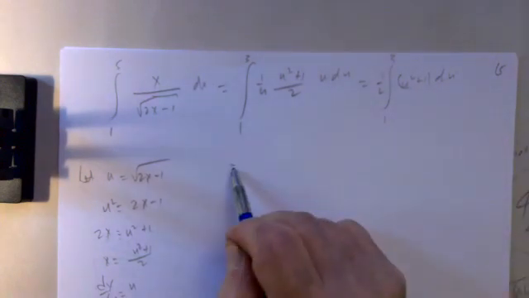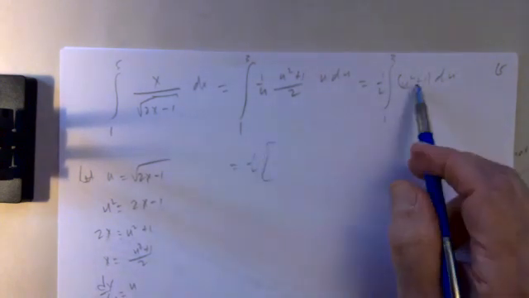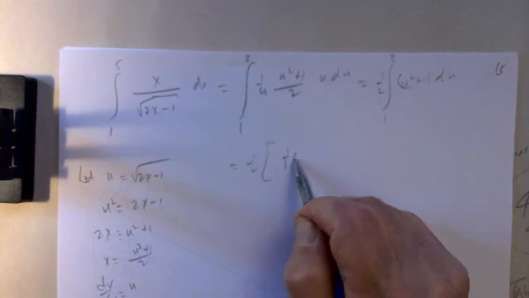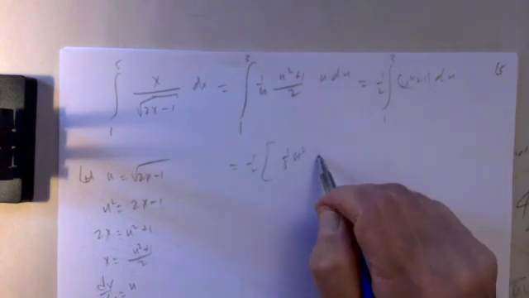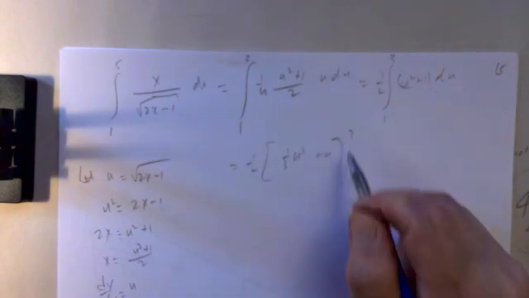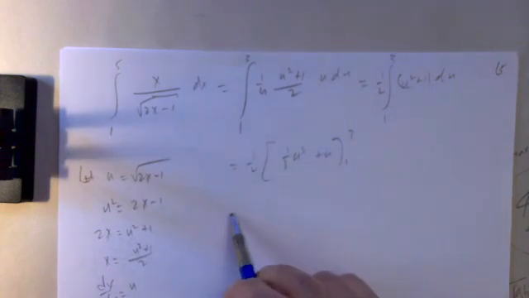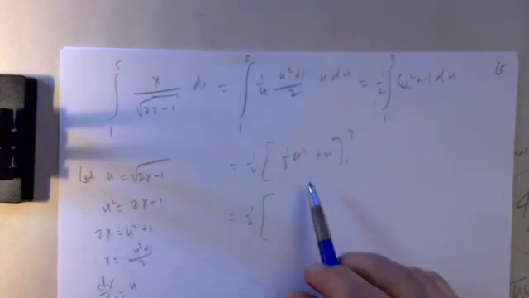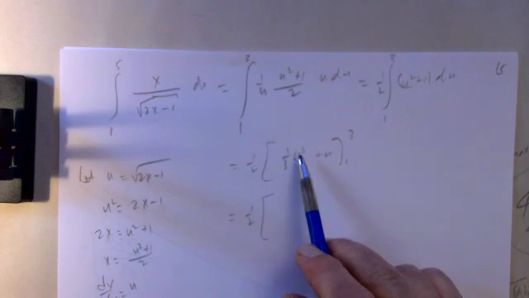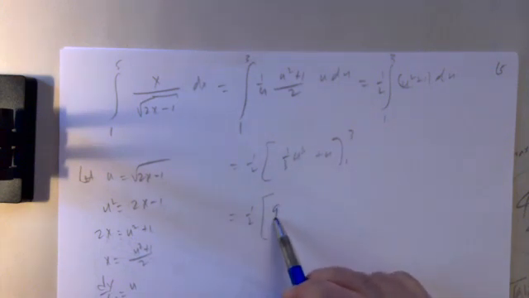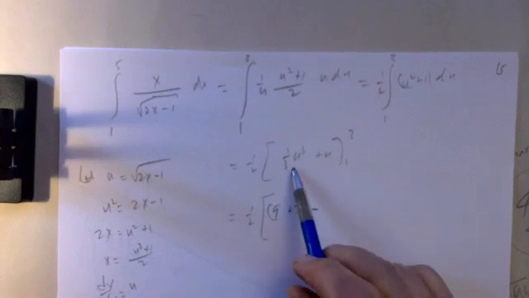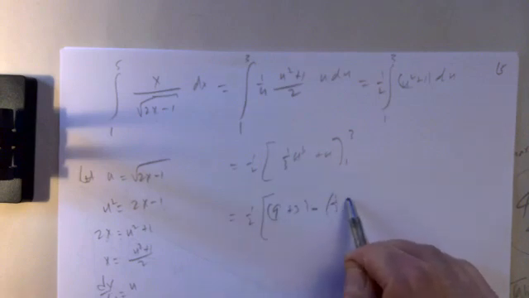This we know how to integrate. The integral of u squared is a third u cubed, and the integral of 1 is u. So it's this evaluated from 1 to 3. So that's 1/2 times: when u is 3, this is 27 over 3 is 9 plus 3, minus when u is 1, this is a third plus 1.